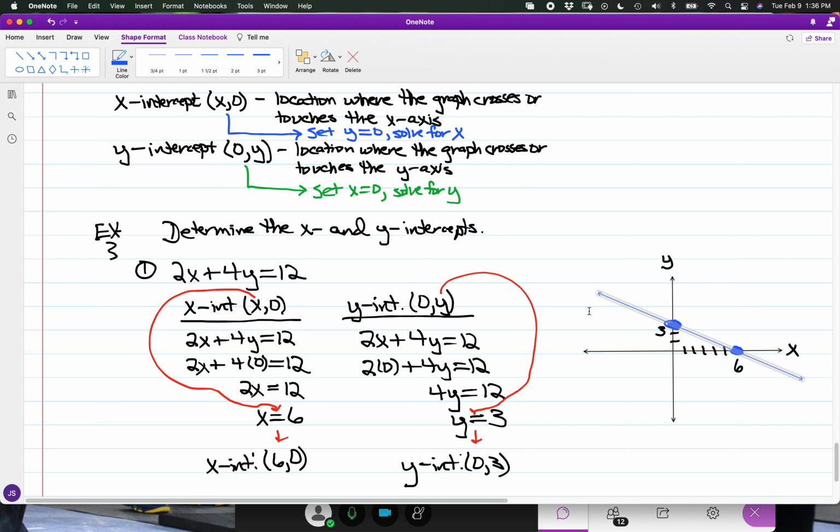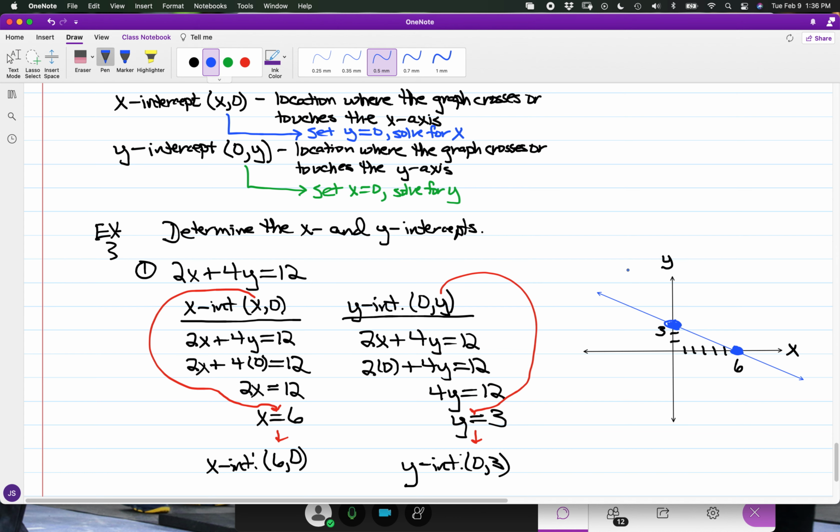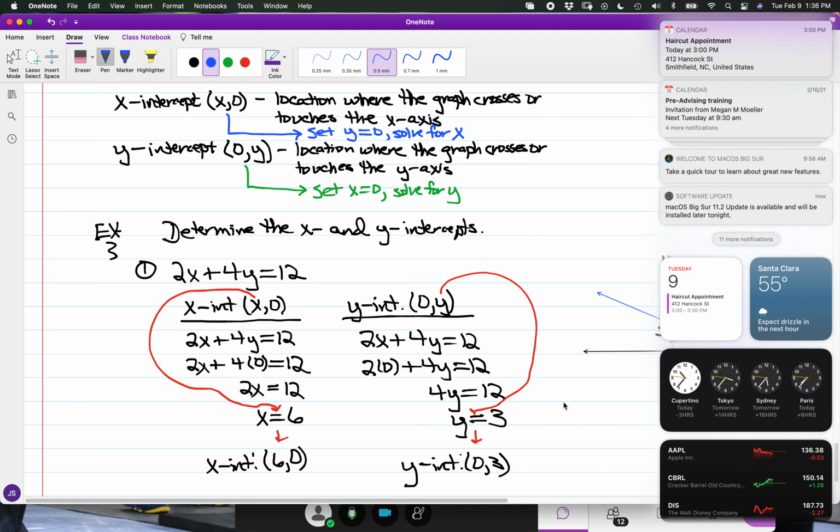Then in connecting the dots, this line goes through all of the combinations of x and y such that 2x plus 4y is equal to 12. So you have your x-intercept at 6, 0 and your y-intercept at 0, 3.